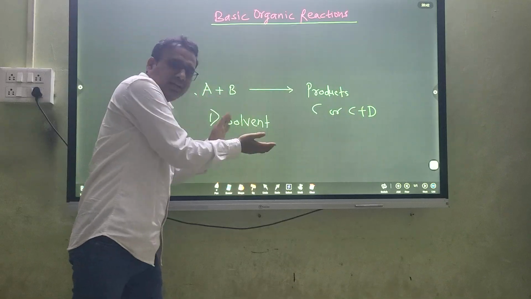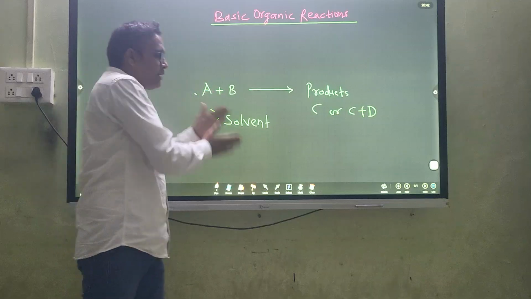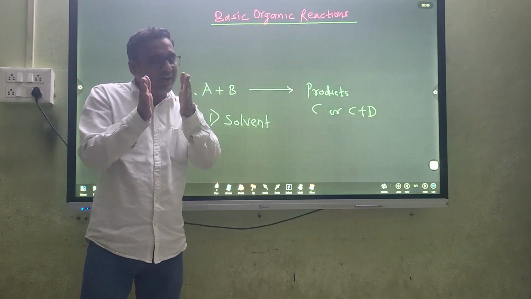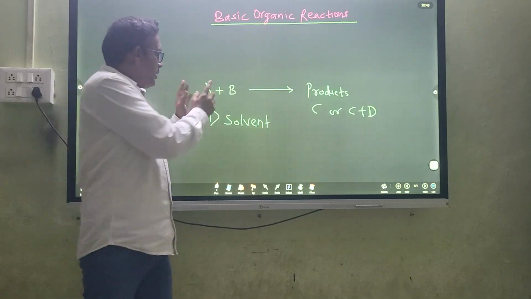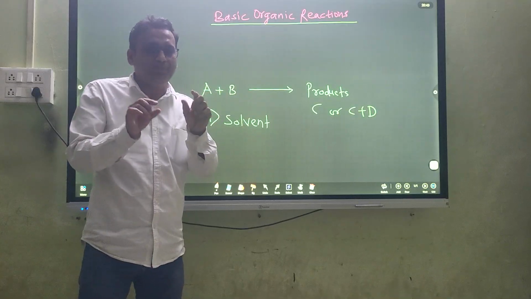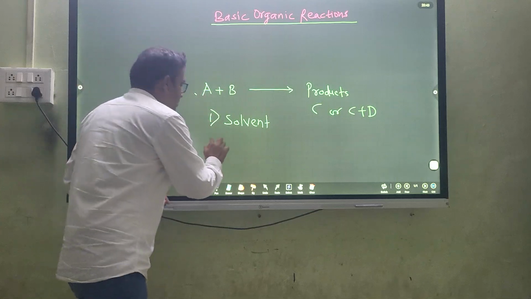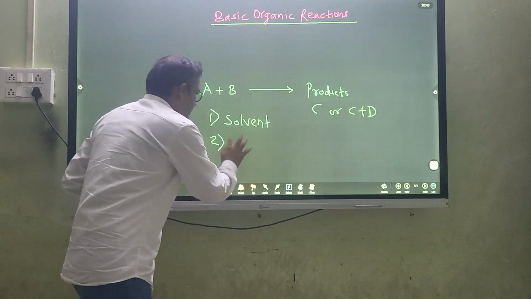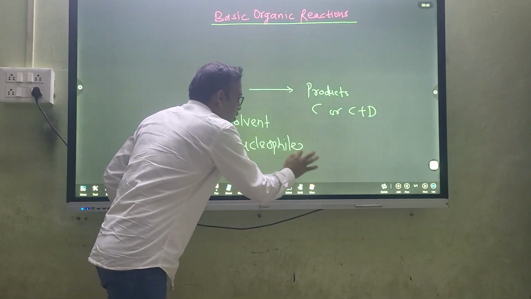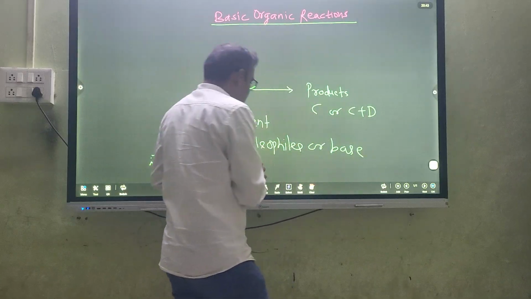When A and B dissolve in this solvent, what happens? A and B collide with each other, and in this case the carbon-hydrogen bonds or carbon-oxygen bonds may get loose due to the presence of a nucleophile or base.